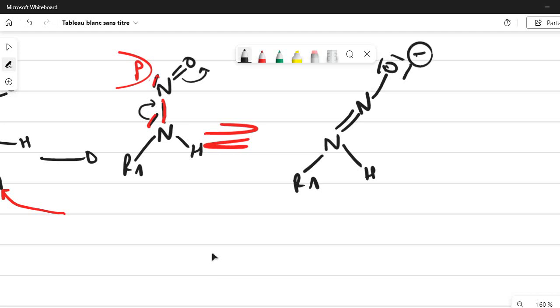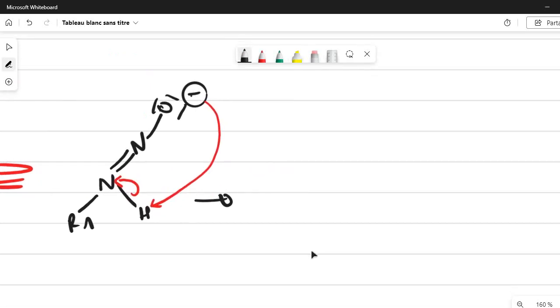So this alkoxide is going to grab a hydrogen, so it is going to grab this one, and then we are going to form R1 and, sorry, well, this one. Okay, sorry. Well, a nitrogen here and then an OH.